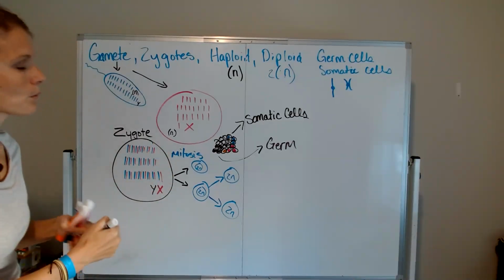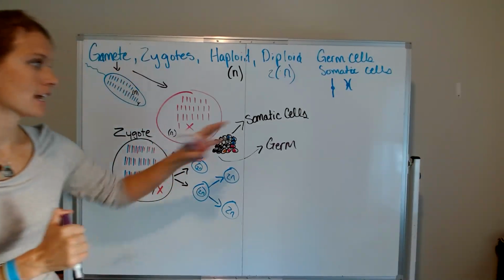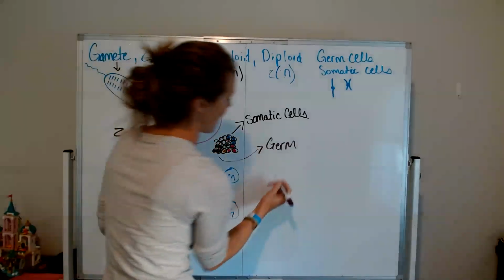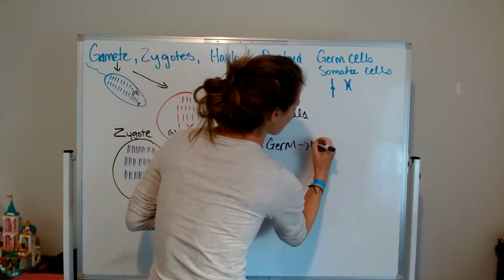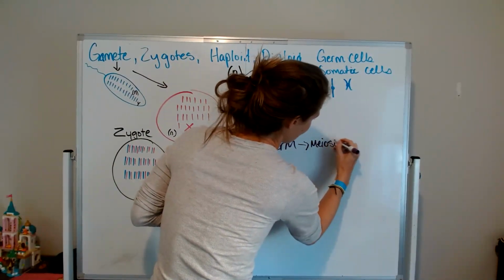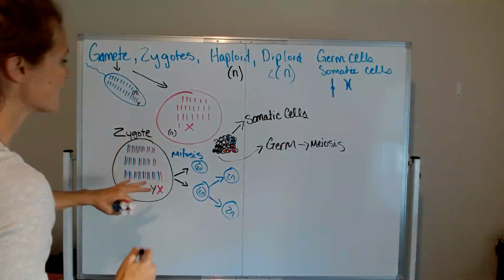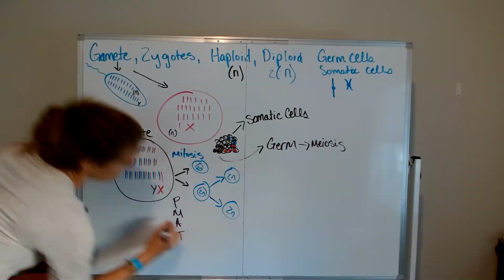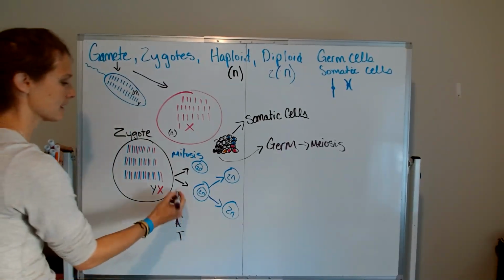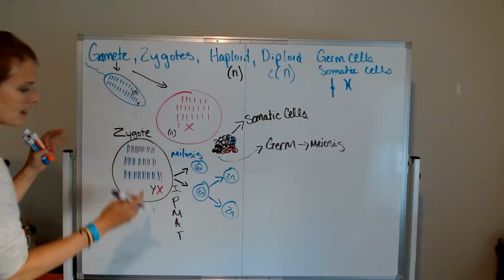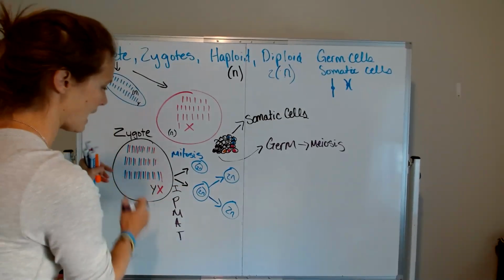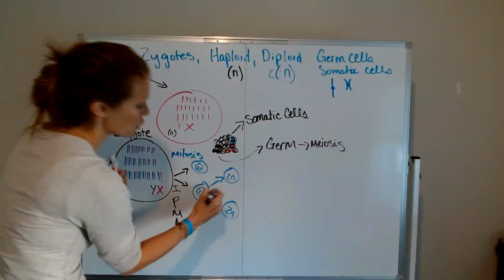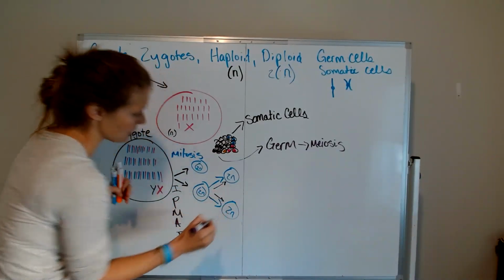So now, when we are starting to create these germ cells from the gonads, that process happens through meiosis, okay? Now, remember that mitosis has PMAT, that's what you can remember. Prophase, metaphase, anaphase, telophase. And at the beginning there's always interphase where all of this is copied, duplicated, but in mitosis you still end up with 2 new diploid cells.